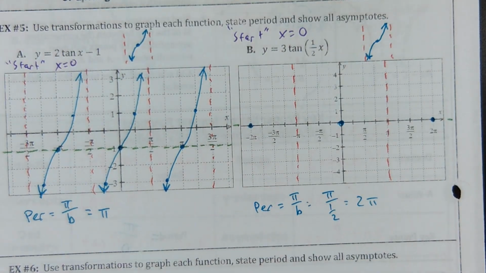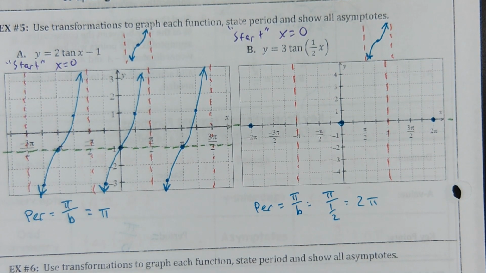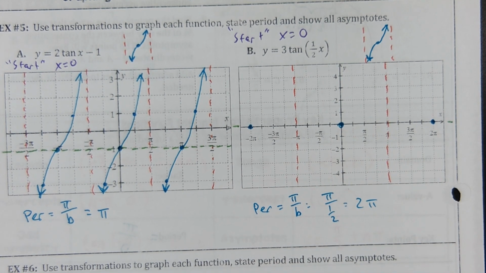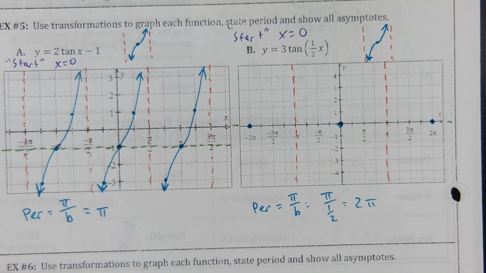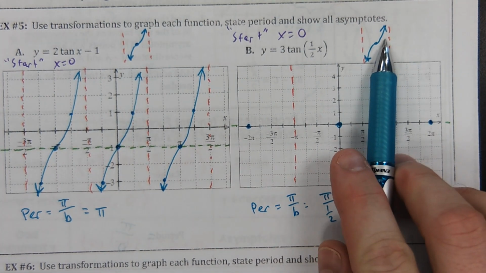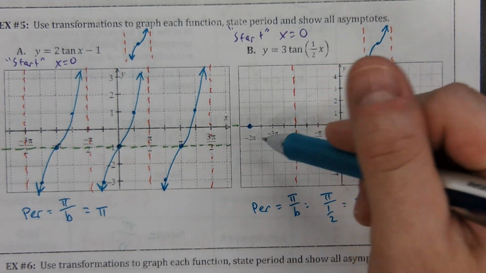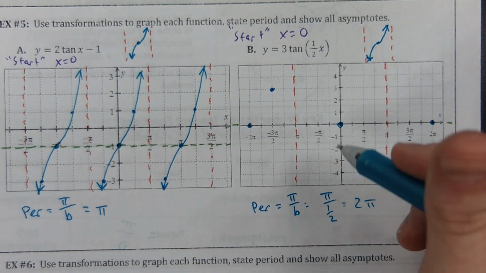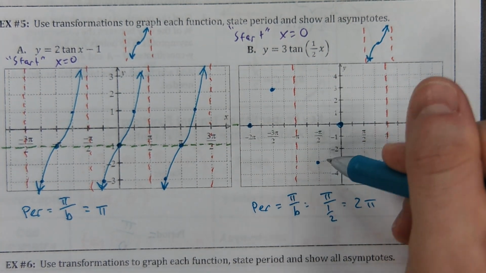Just like our inflection points, our asymptotes repeat once every period as well. From negative pi to positive pi, yes, that is 2 pi. Lastly, we go up and down 3 from the line that goes through the inflection points. So it's right up 3, left down 3.